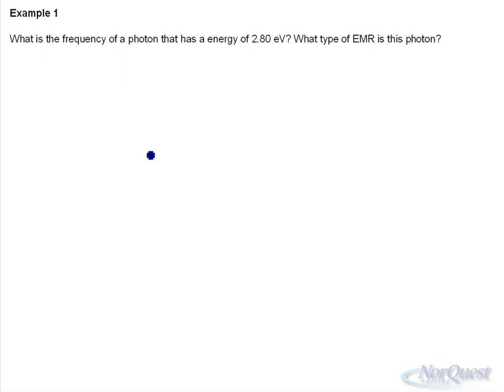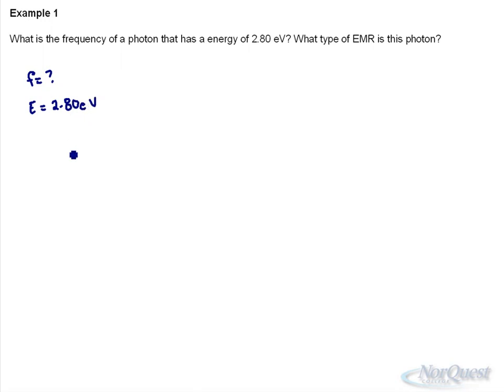Okay, so our first example here: what is the frequency of a photon that has an energy of 2.80 electron volts? So we're talking about an individual photon, and what we want to find is its frequency, given its energy equals 2.80 electron volts.